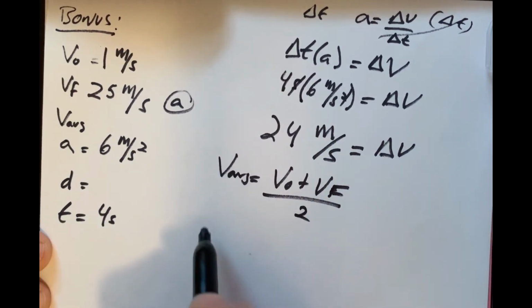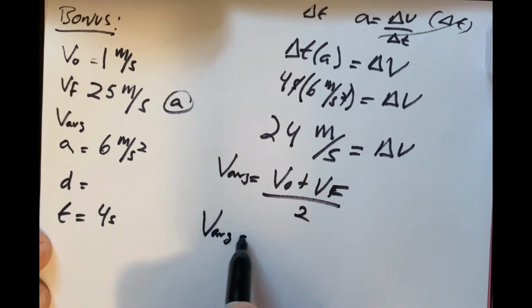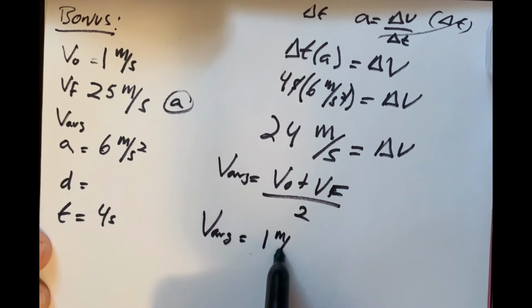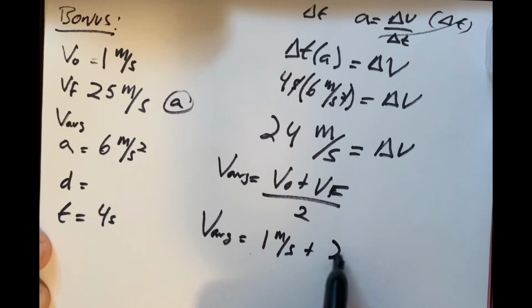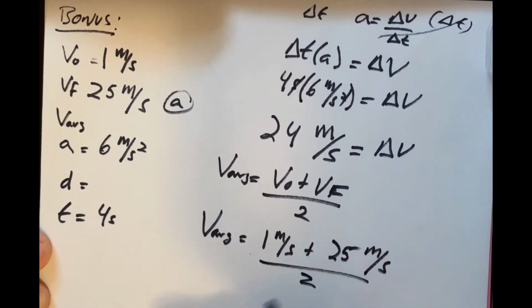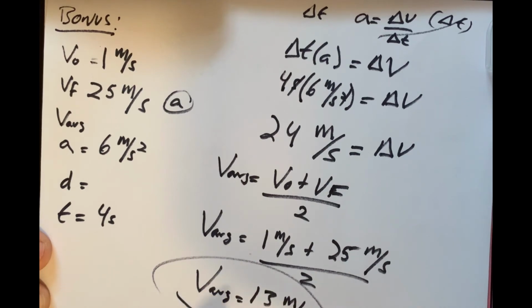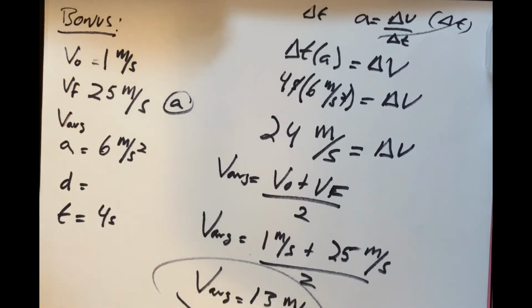The average velocity is equal to 1 meter per second plus 25 meters per second, divided by 2. So my average velocity is going to equal 13 meters per second. 1 plus 25 is 26, divided by 2 is 13 meters per second. And that's going to be the answer to problem B right there.